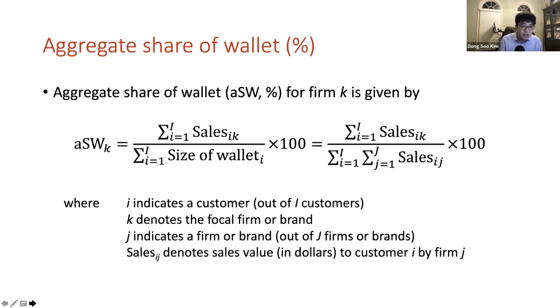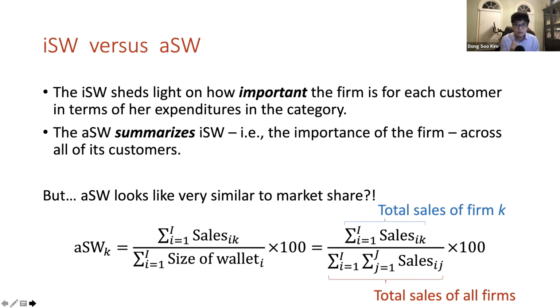Through this aggregation, we can summarize the individual customer's share of wallet across all customers of the focal firm. As the individual share of wallet sheds light on the importance of the firm in the customer's expenditures, the aggregate share of wallet can be viewed as a summary measure of the importance of the firm.